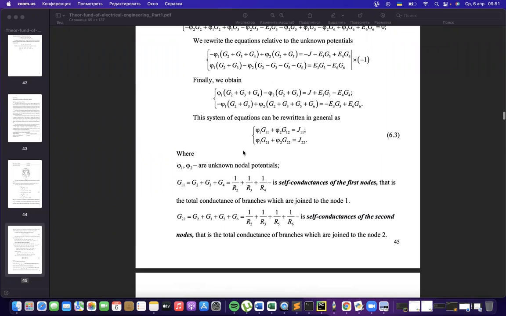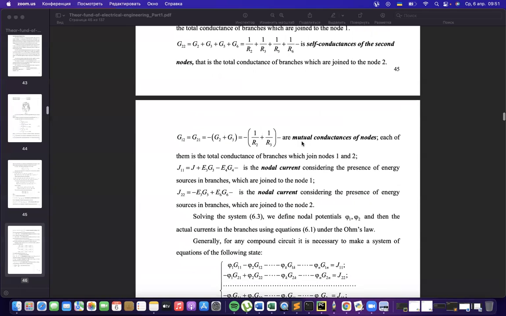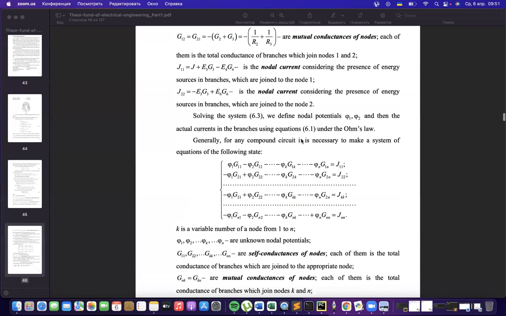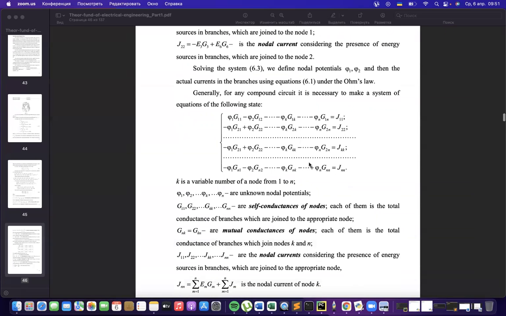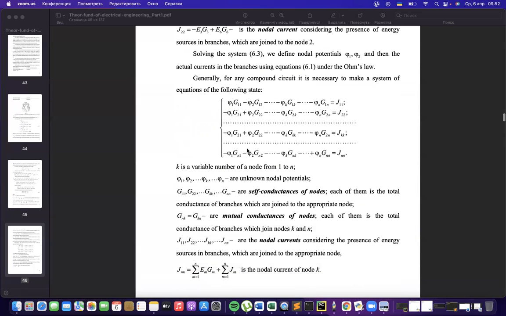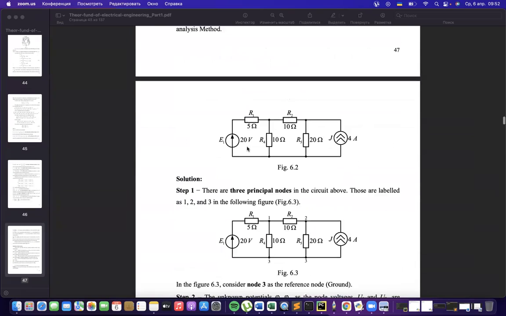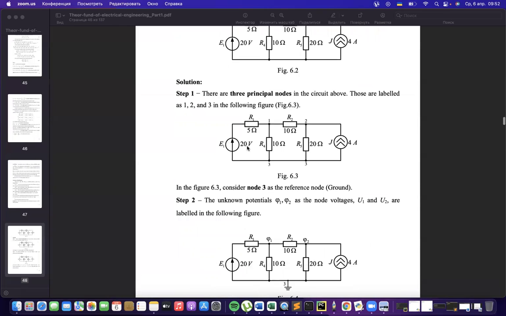And on the last step, we will obtain only two equations dependent on these potentials, these conductivities, and current sources. Also, here is the algorithm, how it could be made, starting from which ideas we should write the system of potential equations inside nodes, and examples of how it could be done.